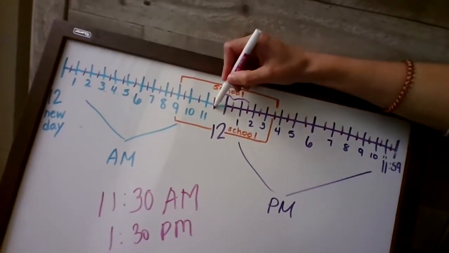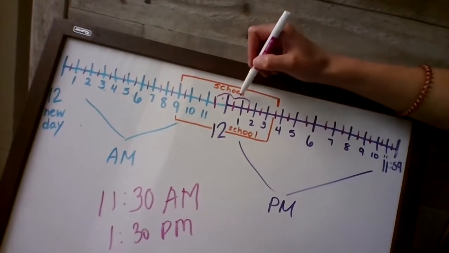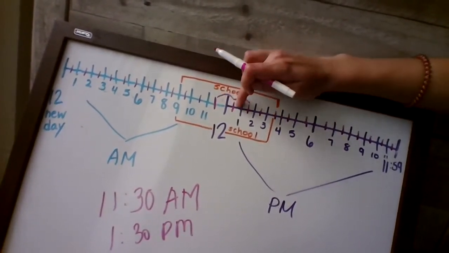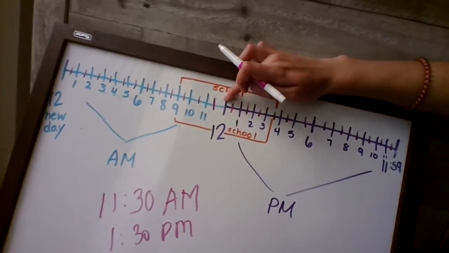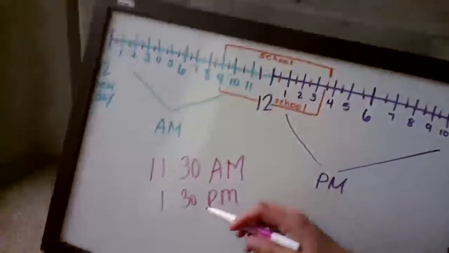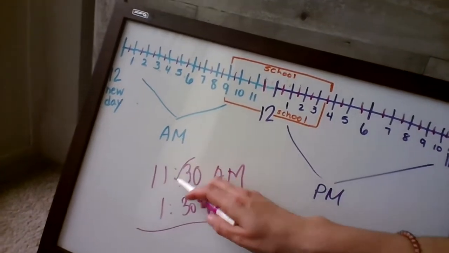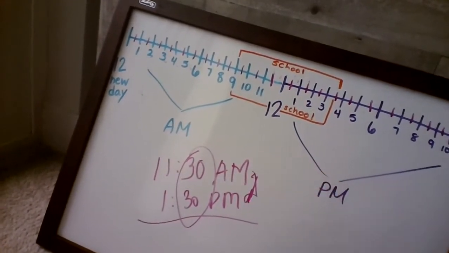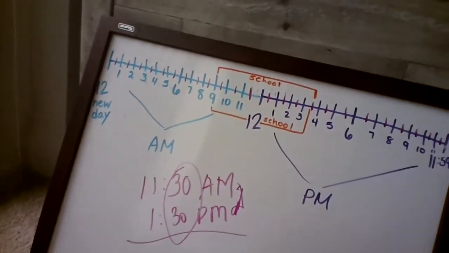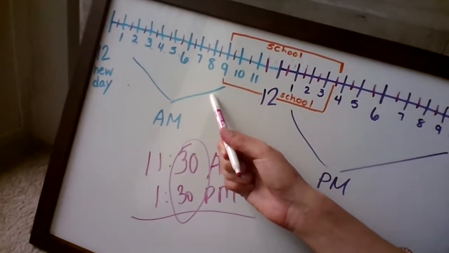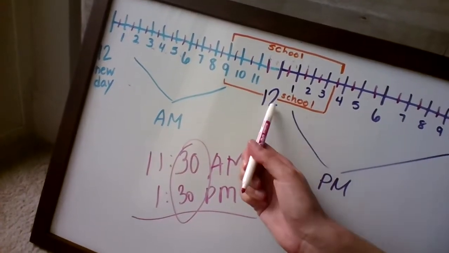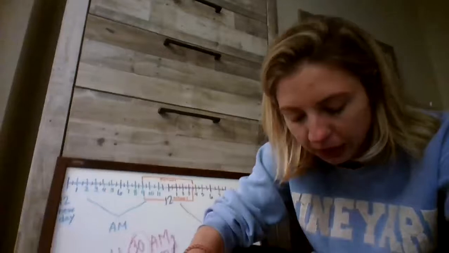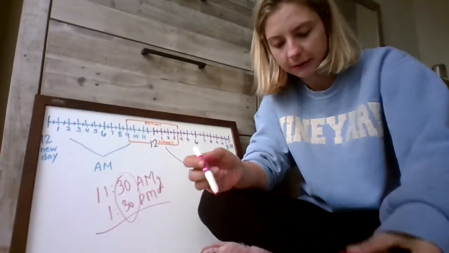That tells me that from 11:30 to 12:30 was 1 hour, and 12:30 to 1:30 was another hour. So that makes 2 hours have gone by. Remember, the minutes did not change. The time of day, if it's AM or PM, changed because we passed the 12. Do you see how the blue is the AM and purple is PM? That's why it changes. Okay, so 2 hours have gone by, and that's how long the movie was.